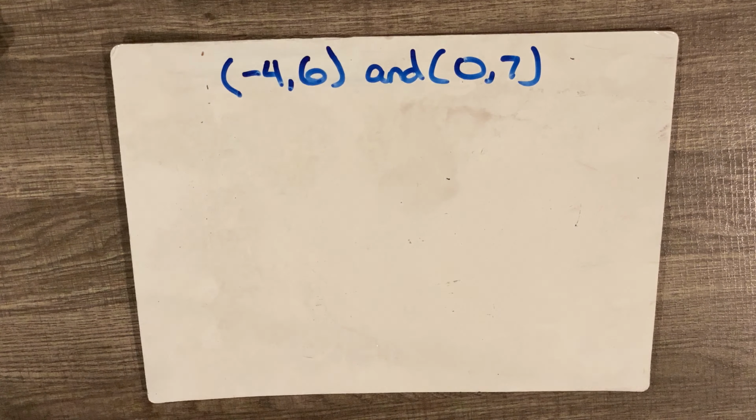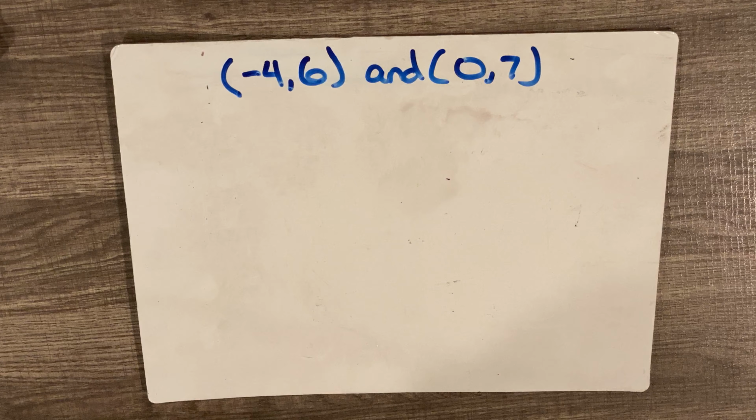Okay, so we are going to get back to our unit review. This is our part of the unit review for linear equations. We're going to take a look at two different sets of points, and we're going to create a linear equation.